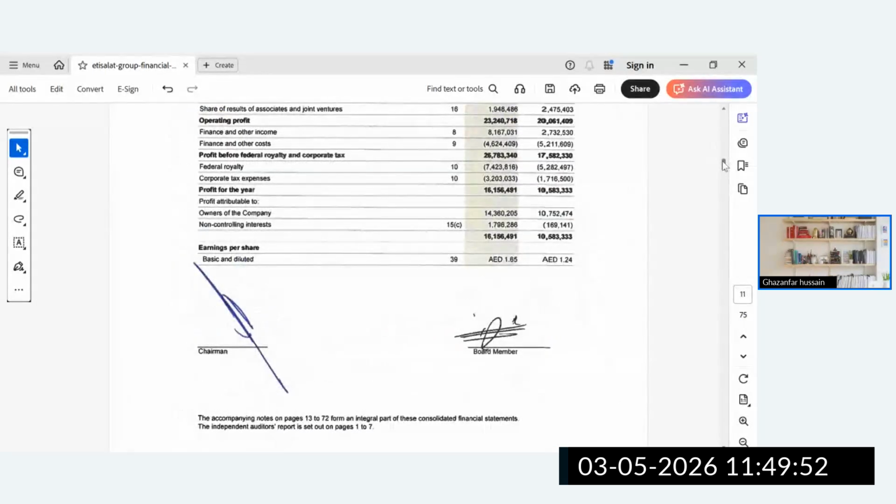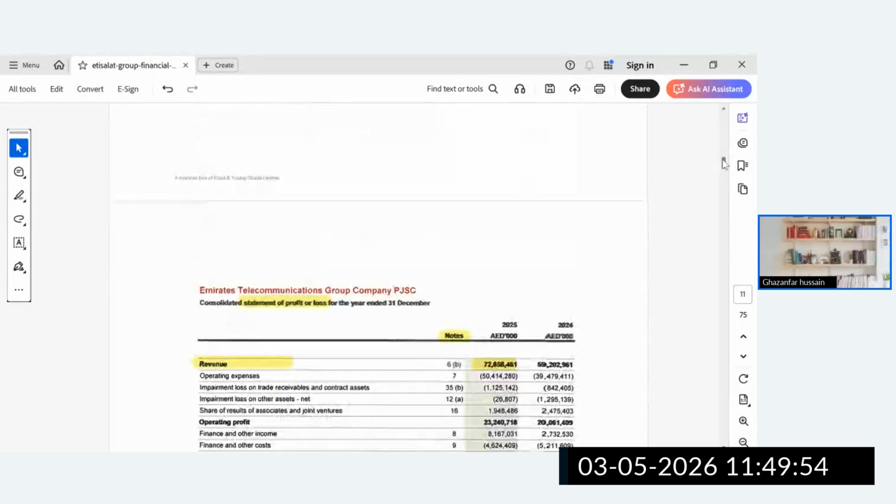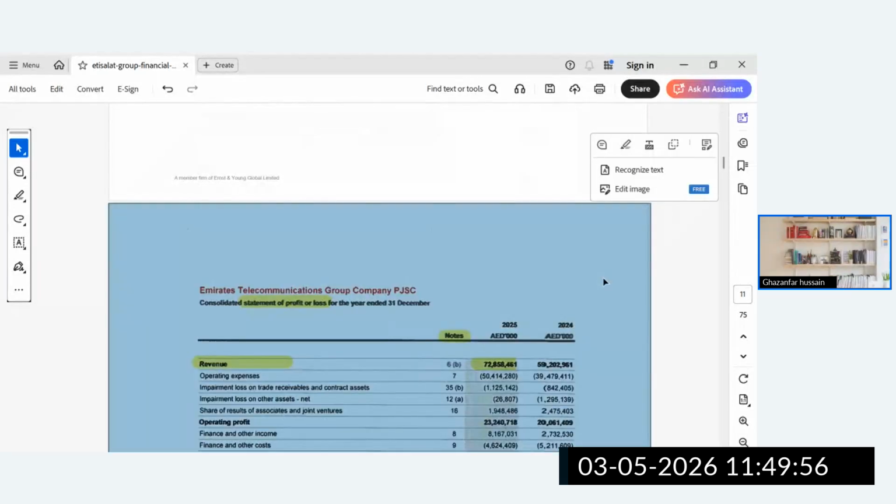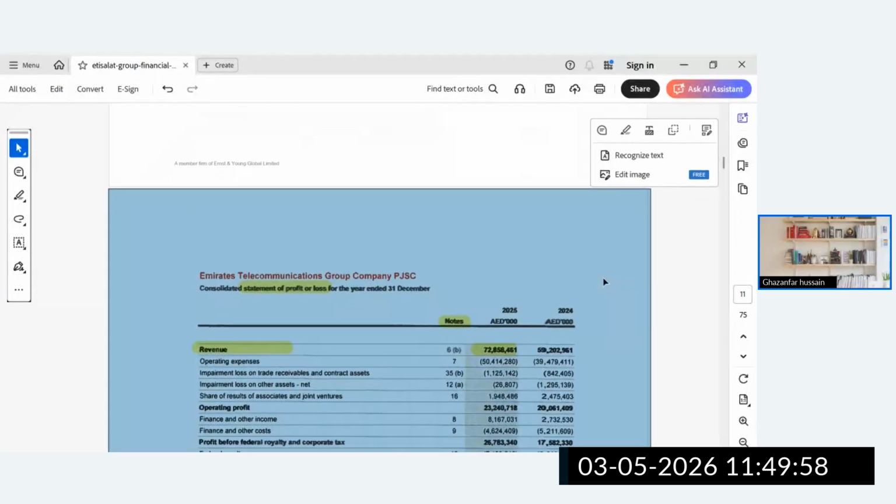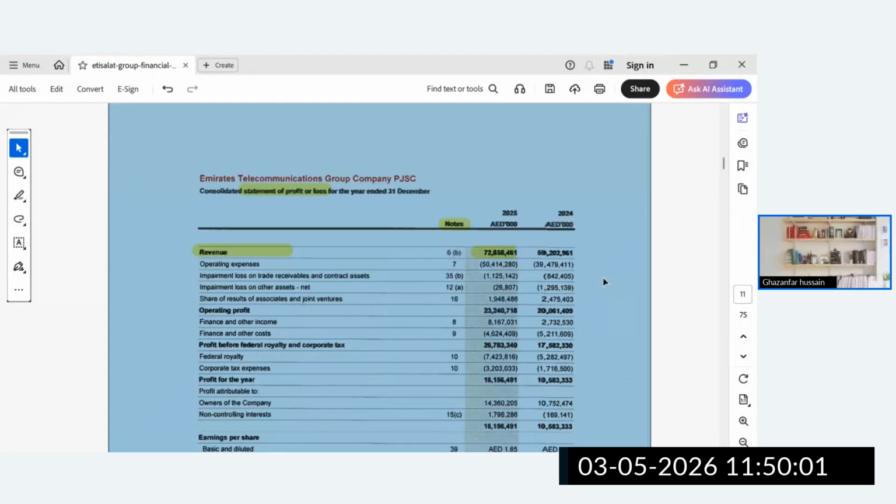You can take it for your understanding as a reference. If anybody comments on that, you can argue with them, saying this is the Big Four and they are presenting the figures in this way. They are giving the breakup of the revenue, 1, 2, 3. Even if you are not 100% familiar with IFRS, you already have one reference to show them.